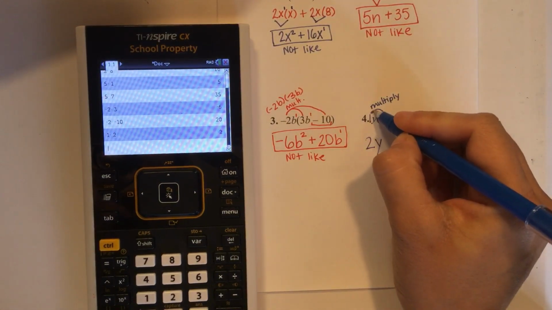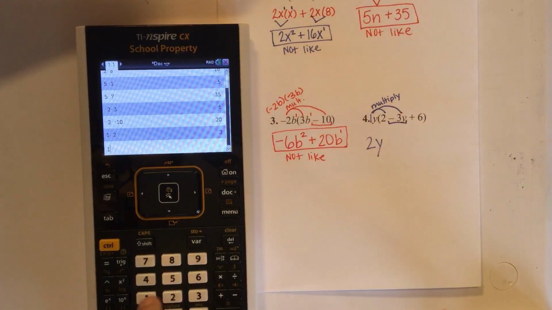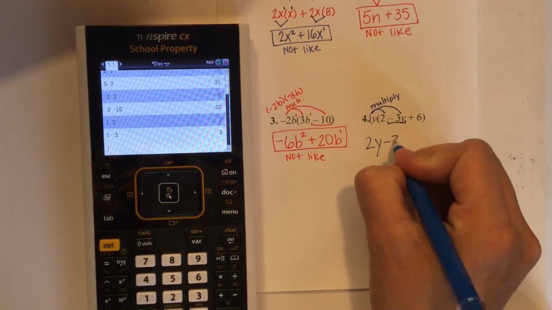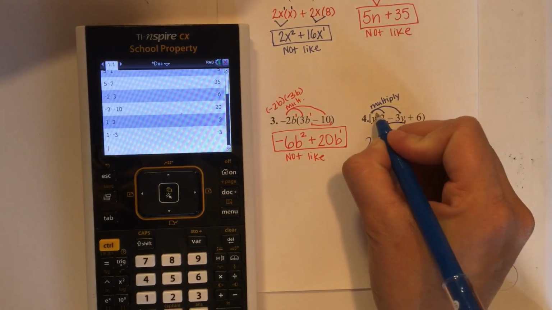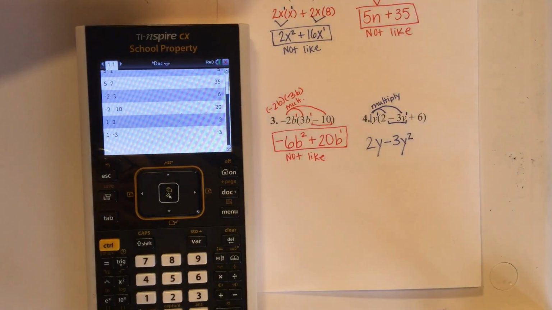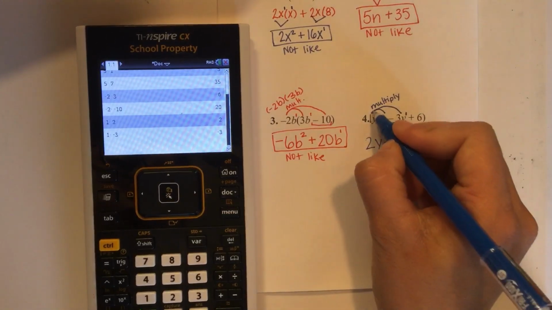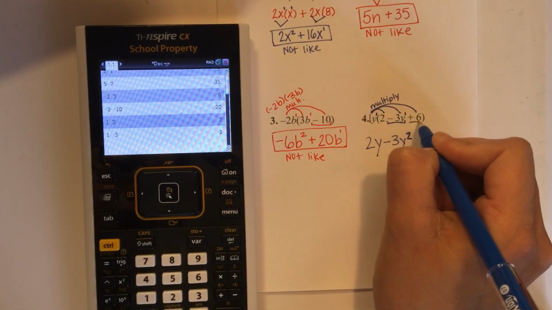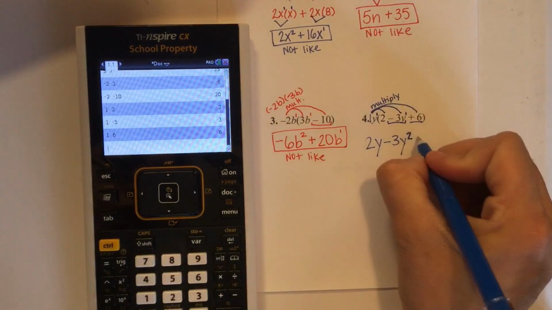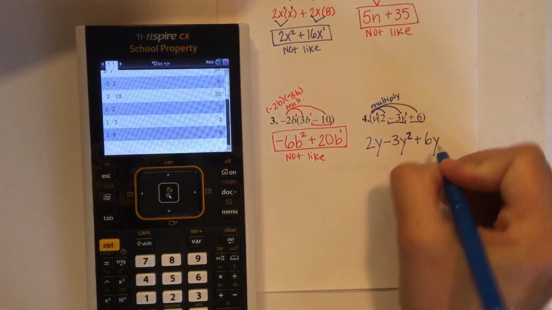Now you're going to take 1y and multiply it with a negative 3y. 1 times a negative 3 is negative 3y, but you have to add the exponents, so this is squared. Now you're going to take 1y and multiply it with a positive 6. So 1 times 6 is still 6. So plus 6, and you have y still.